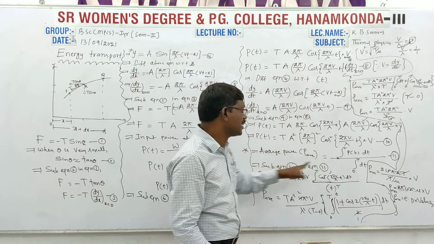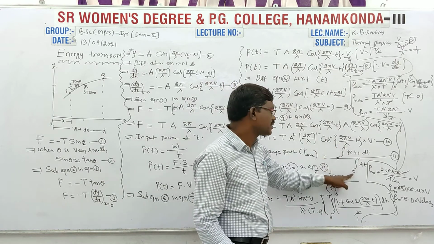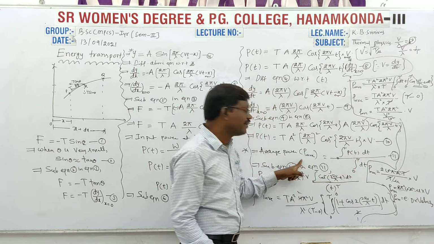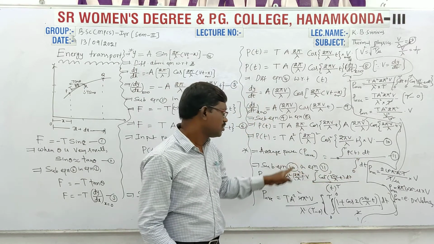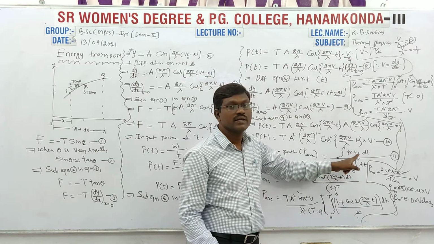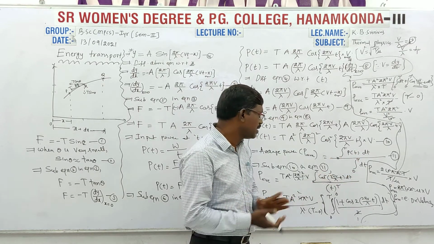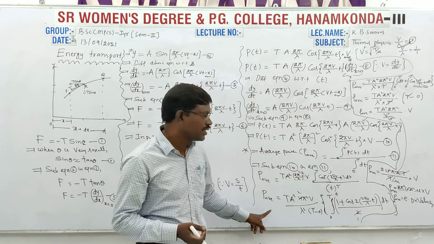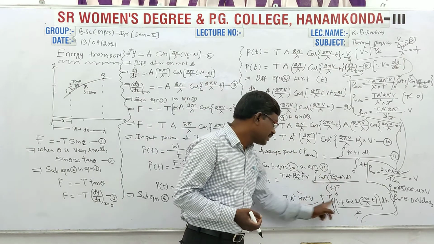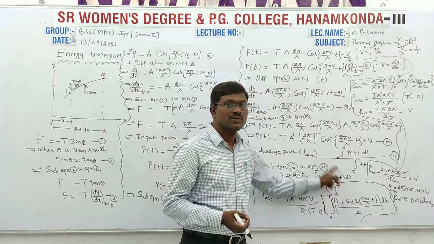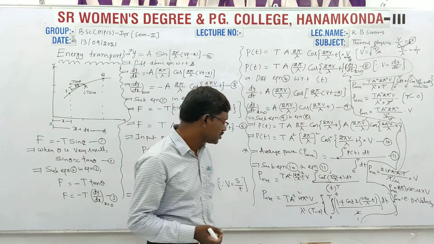If it is integrated over a periodic time, you can calculate average power. So if you know how to integrate, easily you can derive the final expression. So this total integration value gives how much? Tau by 2.